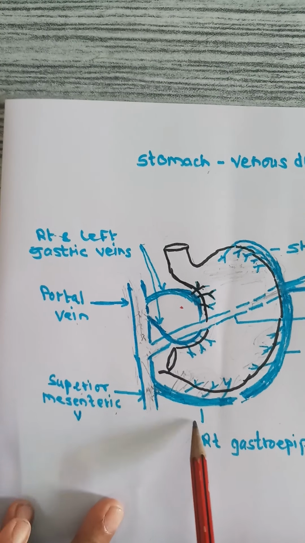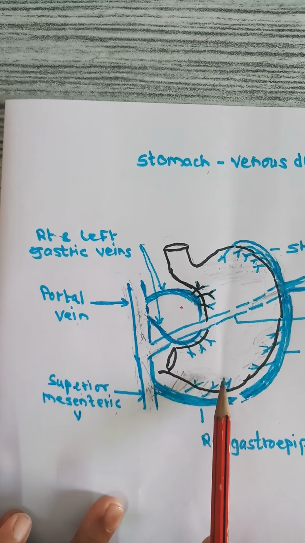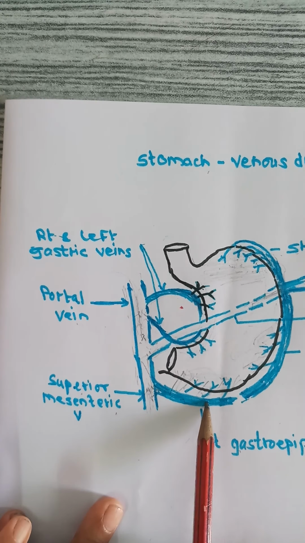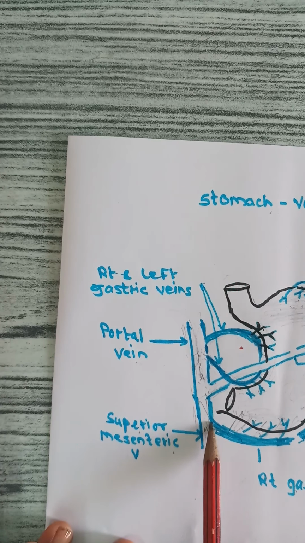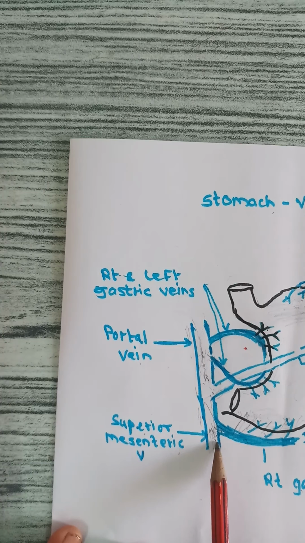Now the deoxygenated blood from the lower part of the greater curvature is collected into the right gastroepiploic vein, and it drains into the superior mesenteric vein.